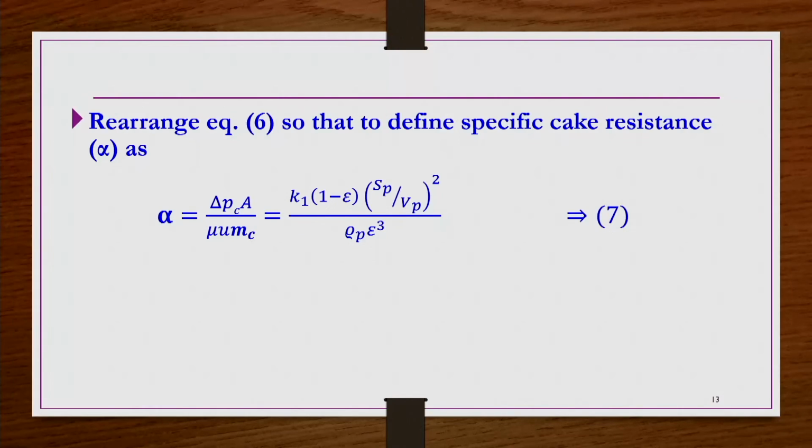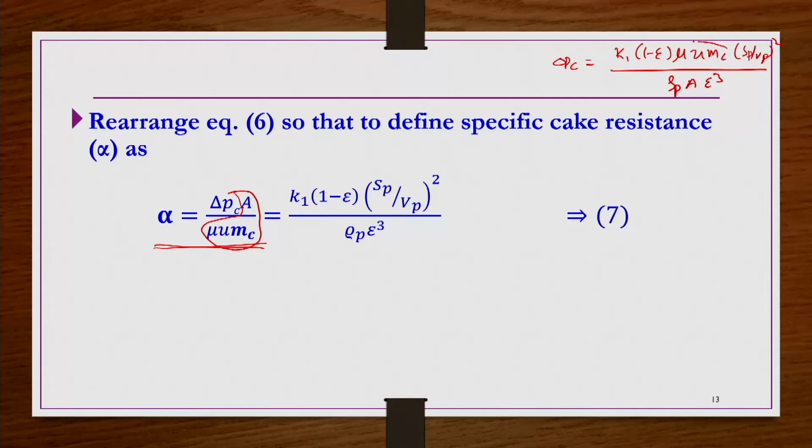Equation number 6, if you rearrange it, delta Pc is equal to K1 (1 minus epsilon) (Sp by Vp) whole square divided by rho p epsilon cube multiplied by mu u mc, divided by A. If I rewrite equation number 6, I have delta Pc equal to K1 (1 minus epsilon) mu u mc (Sp by Vp) whole square divided by rho p A epsilon cube.